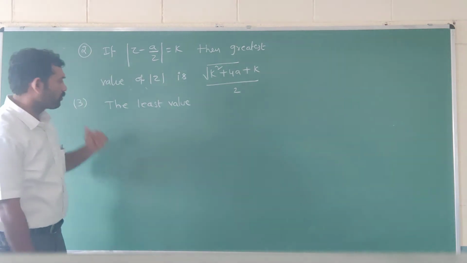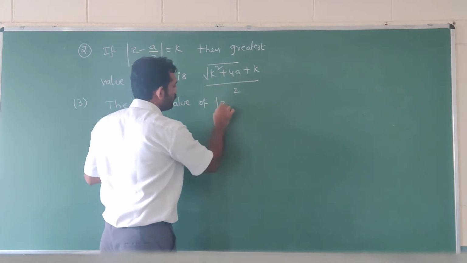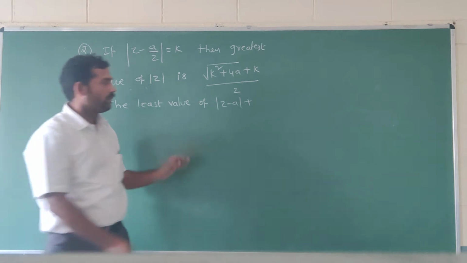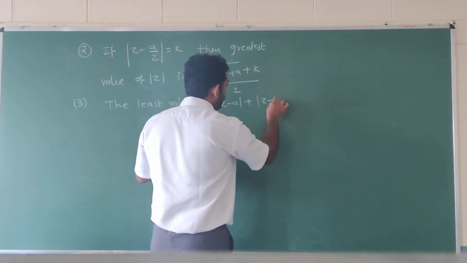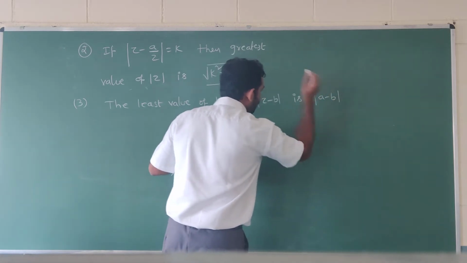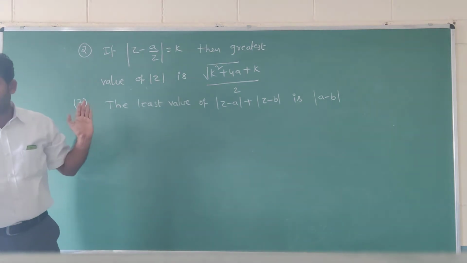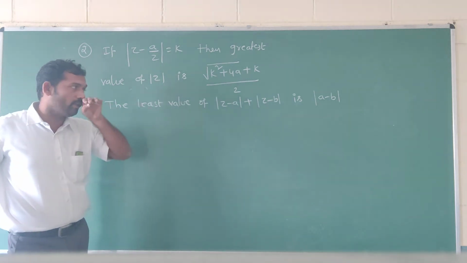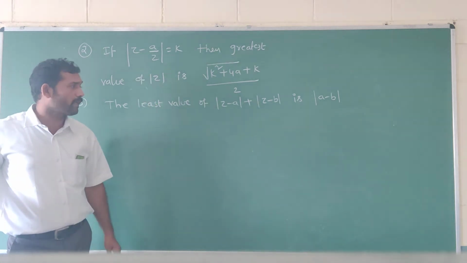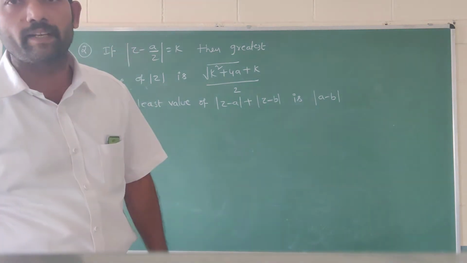So next point: the least value of modulus of z minus a plus modulus of z minus b is modulus of a minus b, where a is any real number and b is any real number.